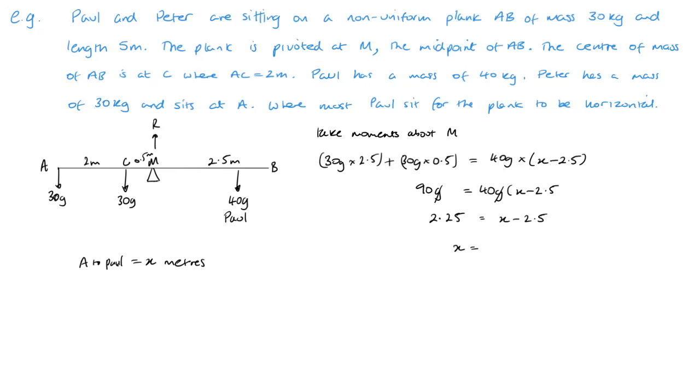So x is, adding the 2.5 on, 4.75. So Paul must sit 4.75 meters from A, or 0.25 meters from B, however you want to describe his position there.